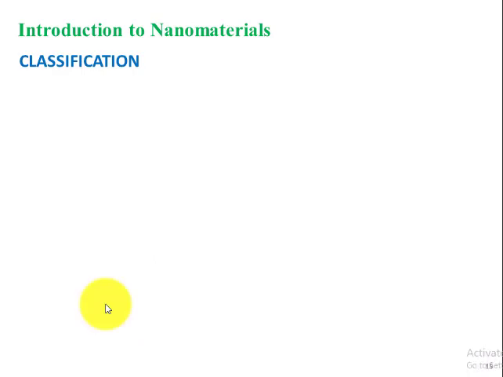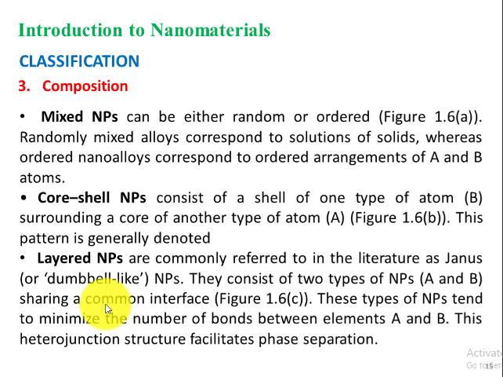The third category of nanoparticles is the composition of the nanomaterials or nanoparticles. Nanoparticles can be divided into three types: mixed nanoparticles, core shell nanoparticles, or layered nanoparticles. Mixed nanoparticles can be either random or ordered.